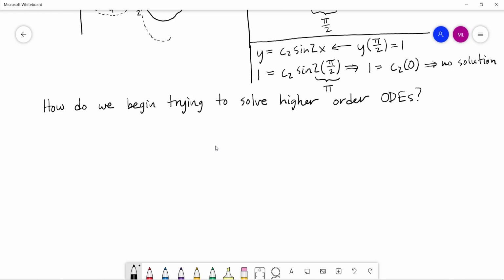Okay, so again, let's stick to equations of the form of that one that we were looking at.